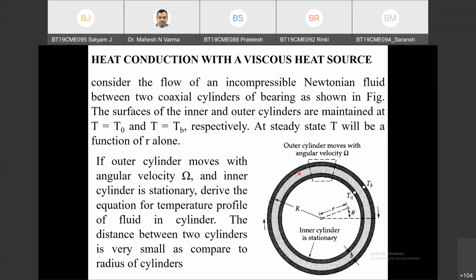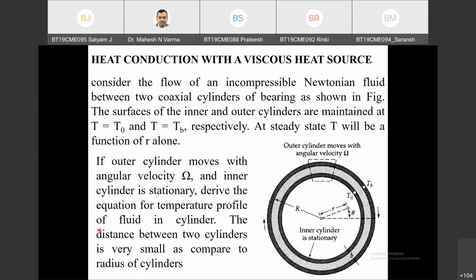It is given also, and you can also logically say that it is not a function of L, the direction perpendicular to the screen, the length of the cylinder. The length of the cylinder is very, very large, so end effects are neglected, and in the theta direction this will be a symmetric problem.